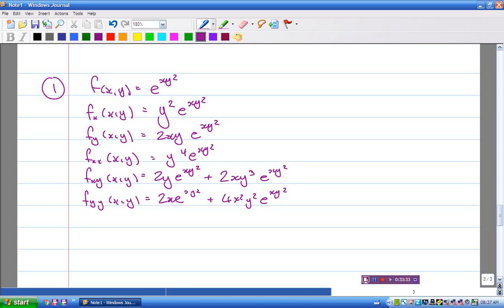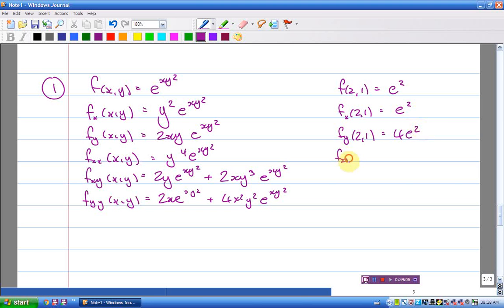Now I'm going to plug in the point. I've been given the point 2, 1. F of 2, 1. I tend to do it in 2 columns like this. That'll be e squared. F x at 2, 1 is going to be also e squared. The y derivative, I keep writing x, y, not 2, 1, is 4e squared.